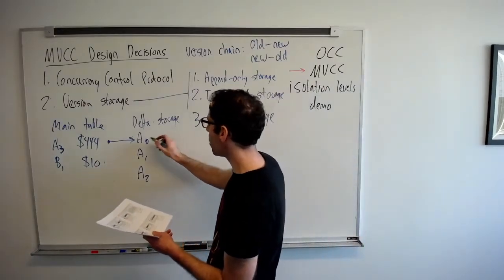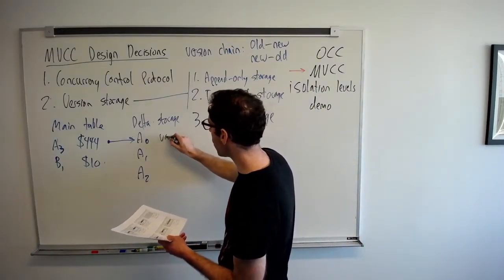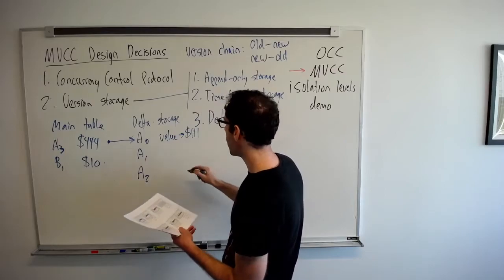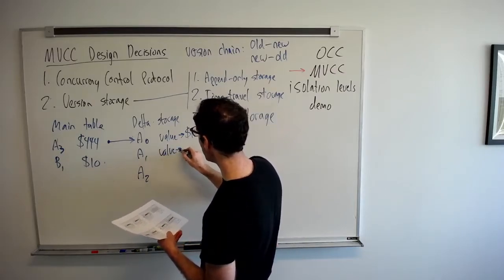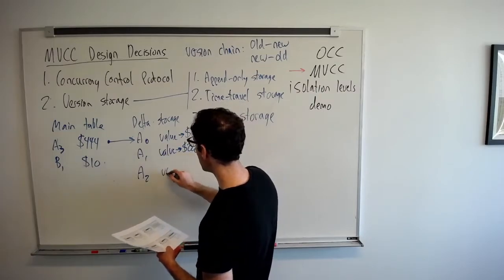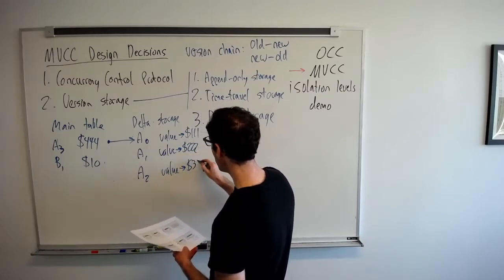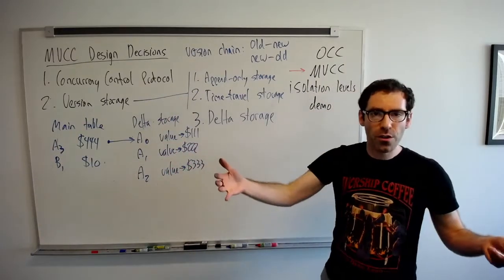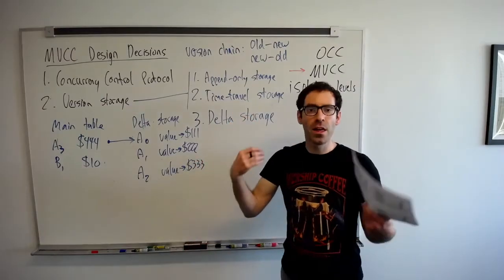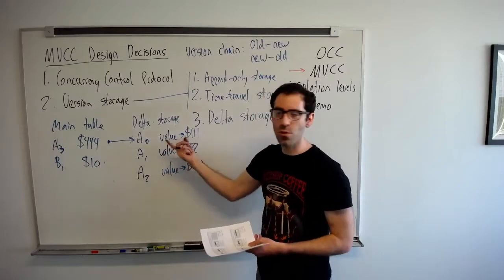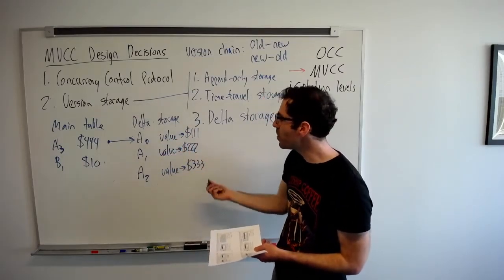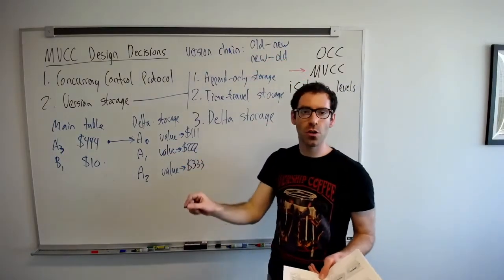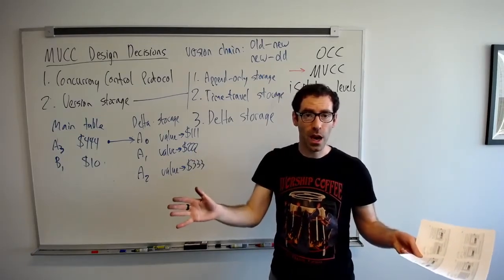So in this picture, what we store is that, all right, the value should be $111 for this one, the value should be $222 for this one, and the value $333 for this one. If these objects had a bunch of other information that was not changing with each of these, and it was only this one value attribute that was changing each time, under our append-only and time travel storage, our additional physical copies were a full copy of the object.